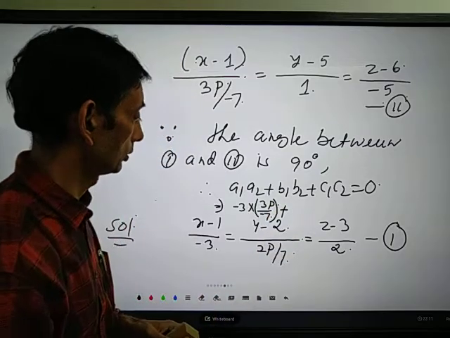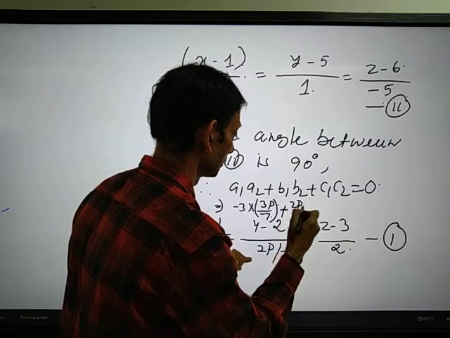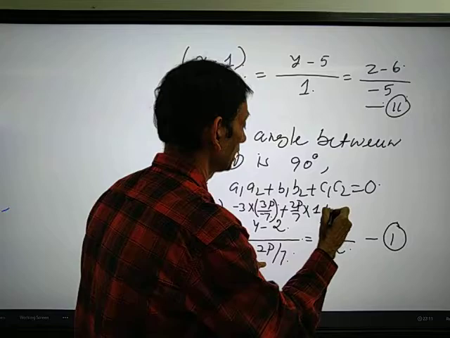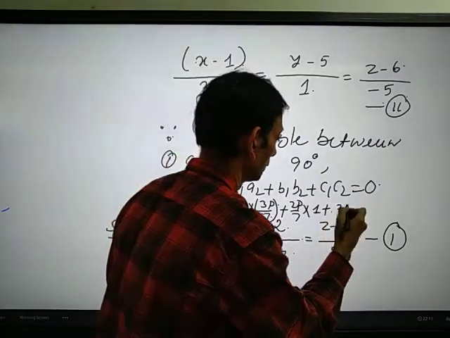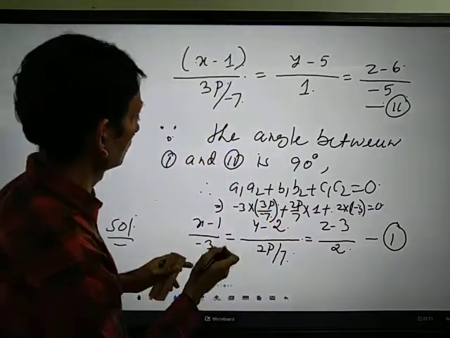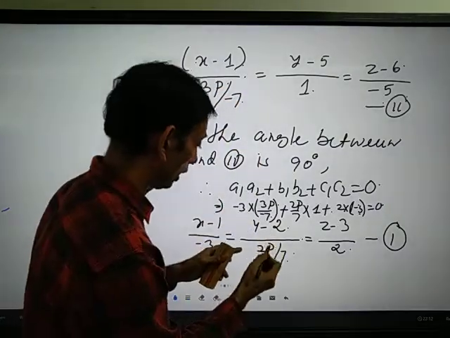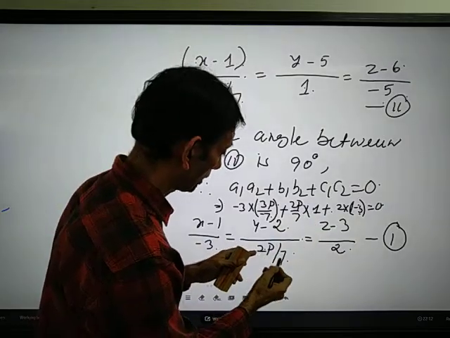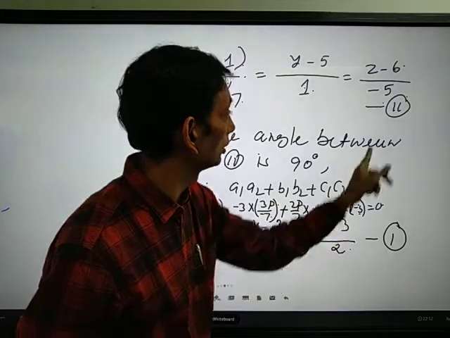Then b1 b2, what is b1? b1 is 1 and b2 is 2p by 7, plus c1 c2, this is 2 and this is minus 5, should be equal to 0. So a1 a2 is minus 3 into 3p by minus 7, then plus b1 b2, this is 1 into 2p by 7, and plus c1 c2, 2 into minus 5.